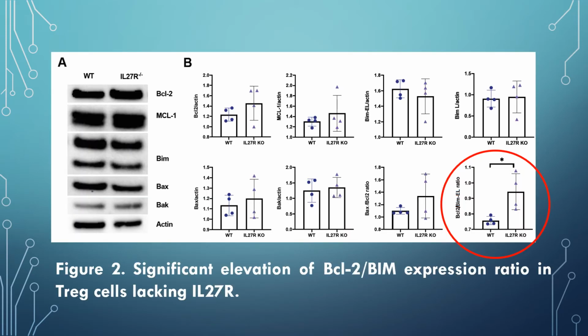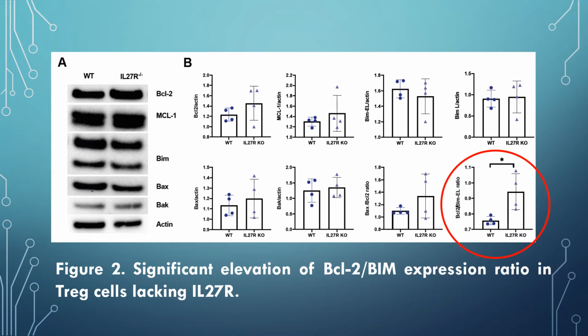Although our Western blot results did not show any statistical difference in the absolute expression levels of pro-apoptotic proteins, including BIM and BAX, and anti-apoptotic proteins, which are BCL2 and MCL1, when we compare the relative expression levels between each pair of anti-apoptotic and pro-apoptotic proteins, there was a significant elevation of the BCL2 to BIM expression ratio in Treg cells lacking IL-27 receptors.